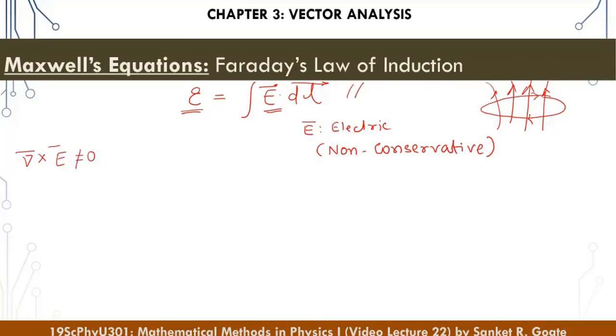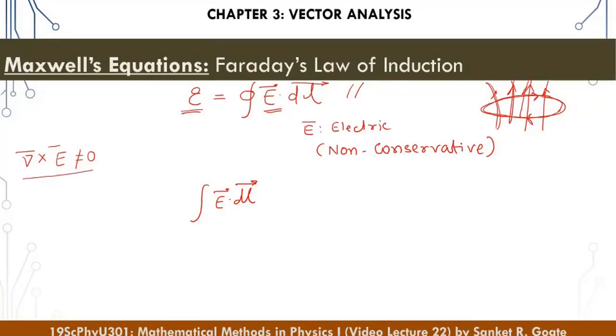What is the third Maxwell's equation? It is this integration E dl over a closed loop now, because if the magnetic field is changing in this direction, then this gives rise to a closed loop in which the electric field is induced. In fact, that is the reason that the curl is not 0.